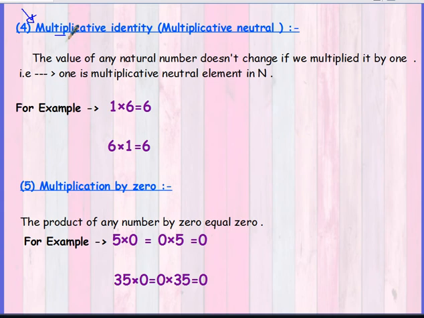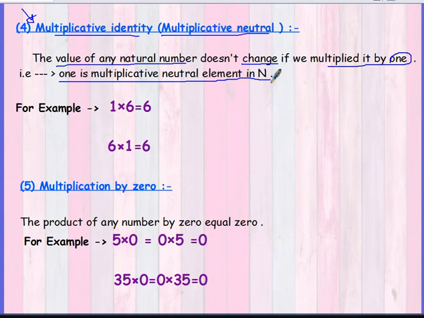The multiplicative identity or multiplicative neutral. The value of any natural number doesn't change if we multiply it by 1. That means 1 is the multiplicative neutral element in N. For example, 1 times 6 equals the same number, 6, and 6 times 1 is equal to 6.